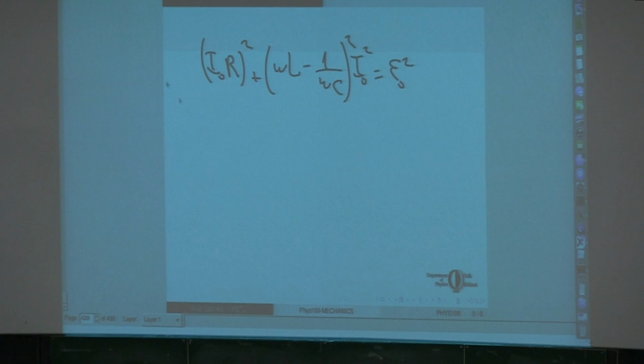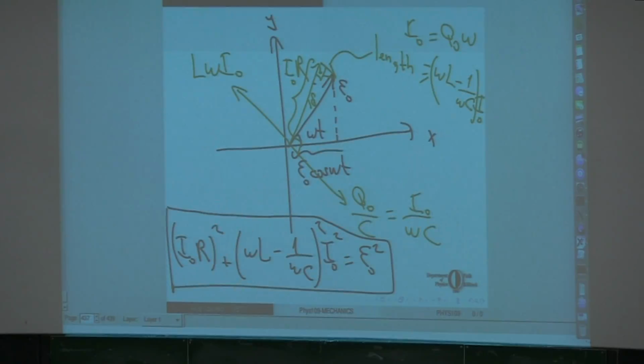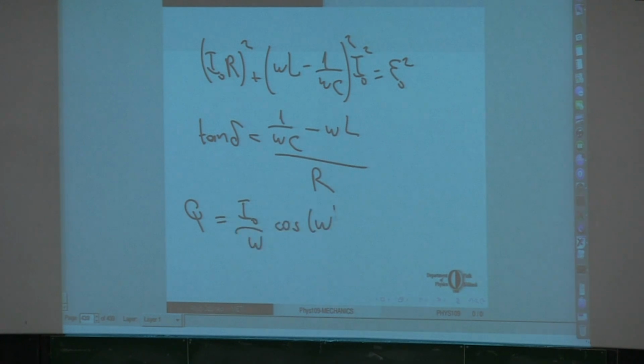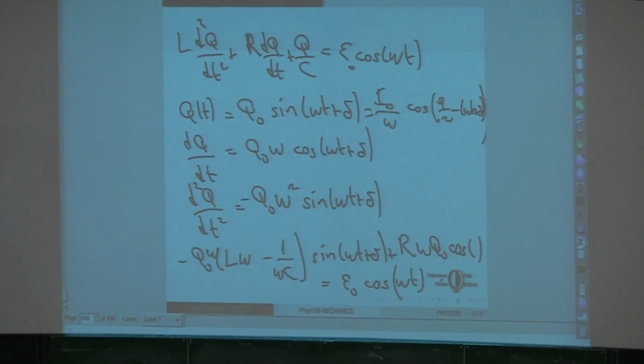So tangent delta is equal to this side, with this minus sign, 1 over omega C minus omega L, divided by R. So if you remember our initial guess for the solution, Q was I0 over omega sine omega t plus delta.